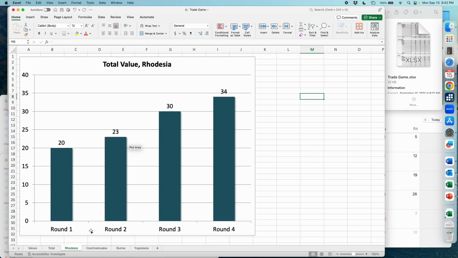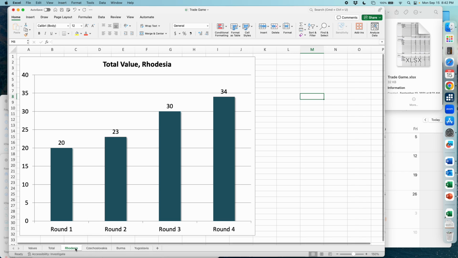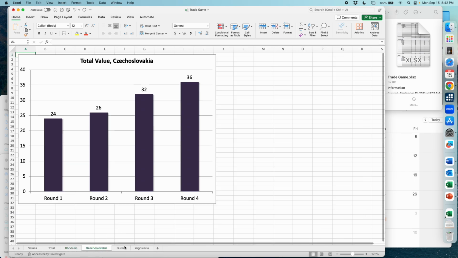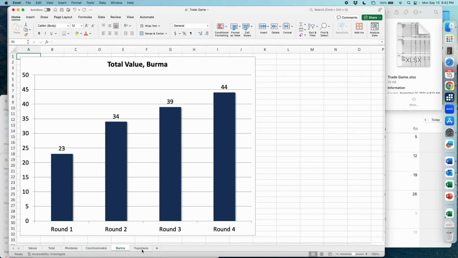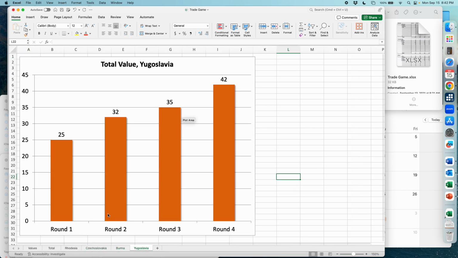They try to be the party pooper. Usually if you have enough students, it just washes out. So every country, even inside that country, the more people they can trade with, it goes up. So Rhodesia, Czechoslovakia, Burma, Yugoslavia, it always shows this upward trend that basically illustrates this idea that, hey, look, the more people you can trade and exchange with, the better off you're going to be, right?